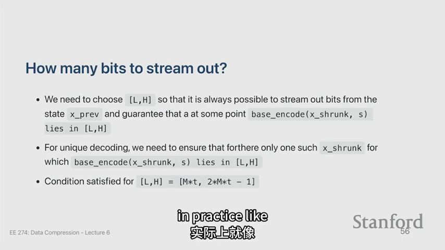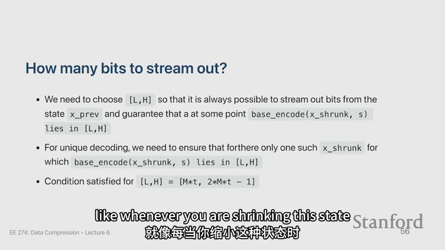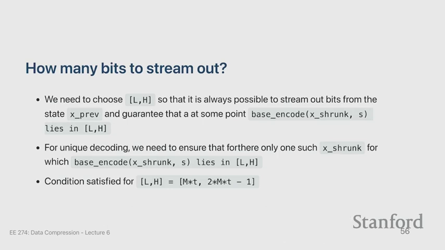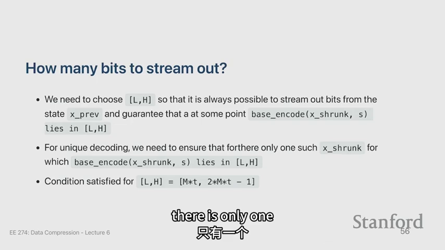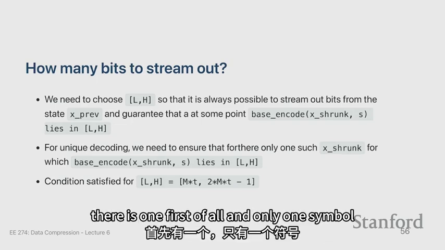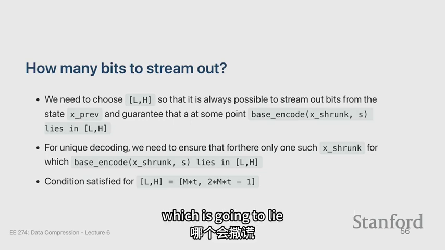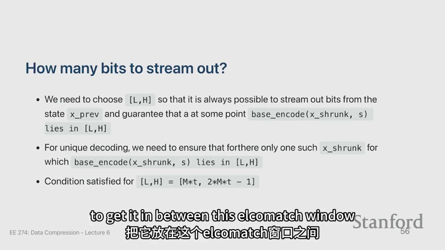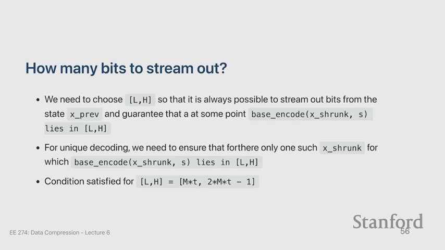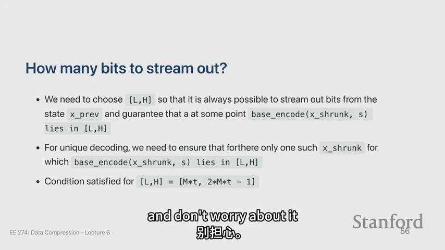In practice, you need to ensure two things. Whenever you are shrinking this state, you need to ensure that there is uniqueness involved: there is one, first of all, and only one symbol, which is going to lie, no matter what state you started with, to get it in between this L, H window. Don't worry about it.